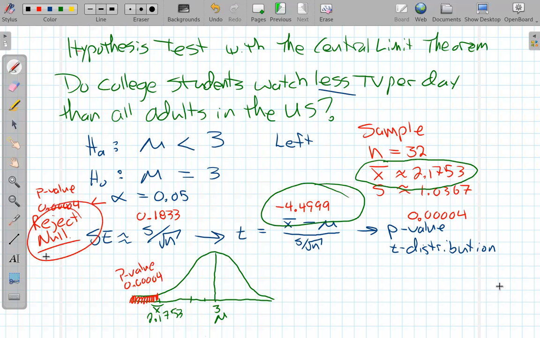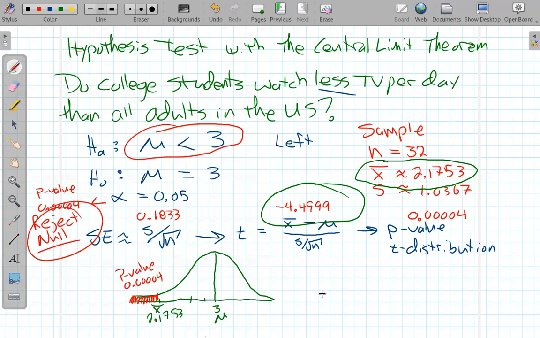Reject the null hypothesis. That's what we got there. What is my conclusion? Well, the data supports the alternative. So I can say there is sufficient evidence that college students in the US watch significantly less than 3 hours of TV per day. That would be my conclusion here.